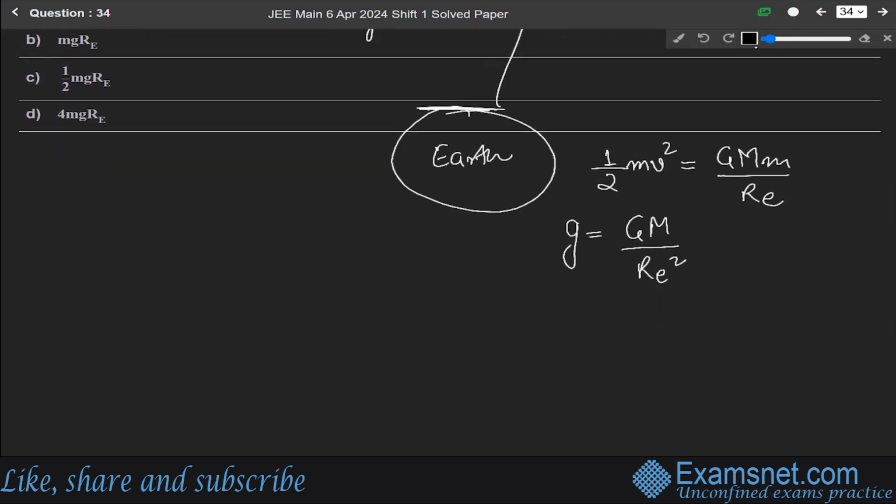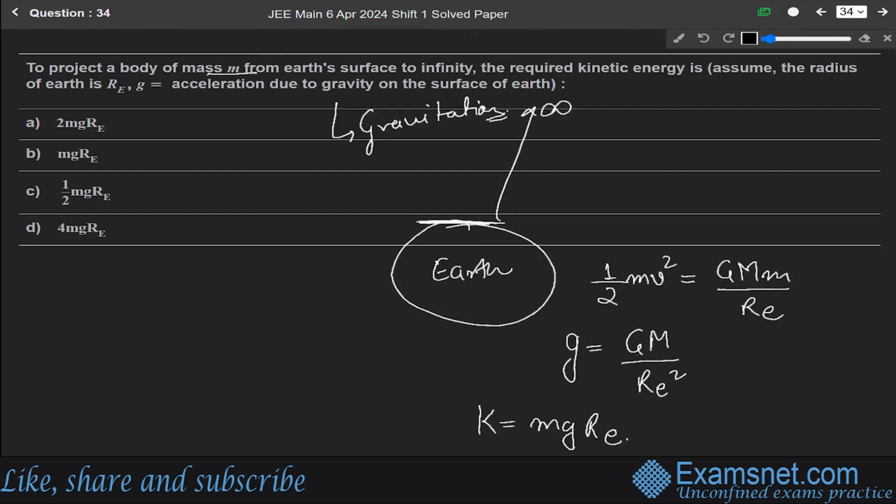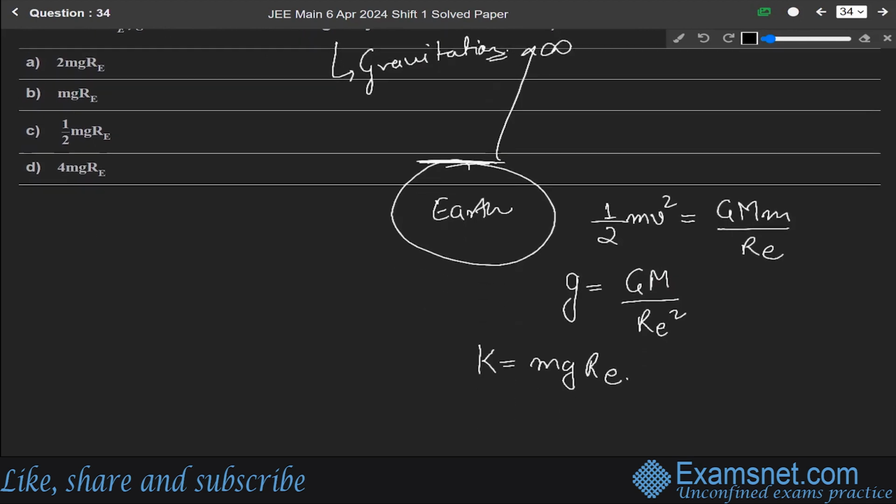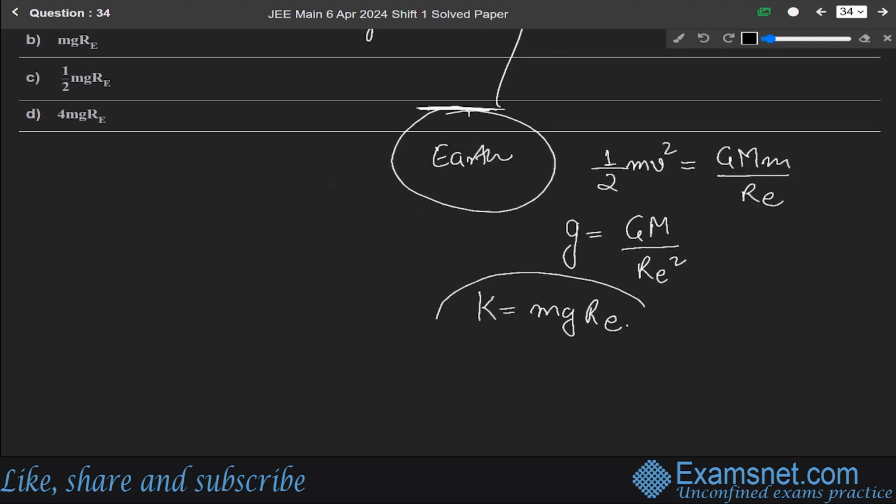So we can write K is equal to mg into RE. So the required kinetic energy is mg into RE, which means we have put the value of g in place of GM over RE.